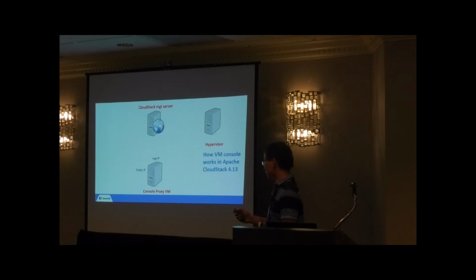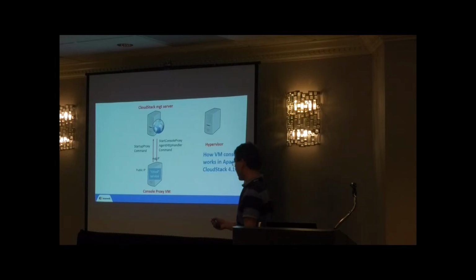So when the console proxy VM is running, it will send a command to the management server to tell the management server that I'm running, and the management server will send back some information to the console proxy VM.